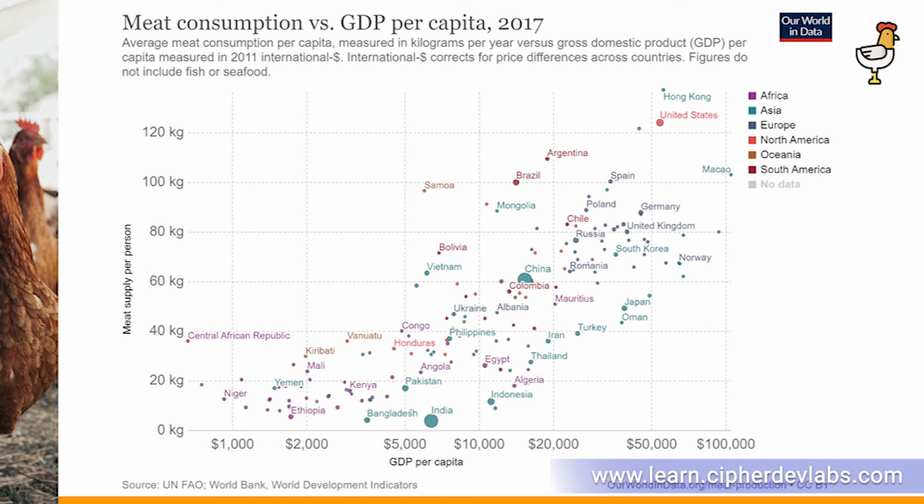As all the other countries in the world move towards developed economies, the problem is going to get worse and worse because there will be very high demand for meat supply per person, and we need to come up with much more sustainable and environmentally friendly practices to ensure that we meet those demands.